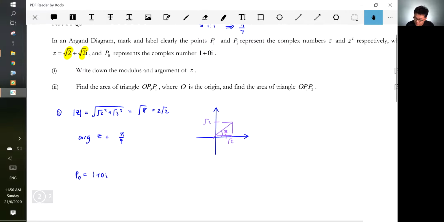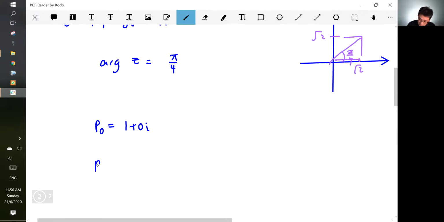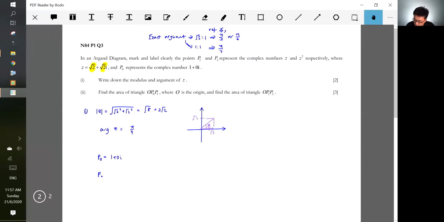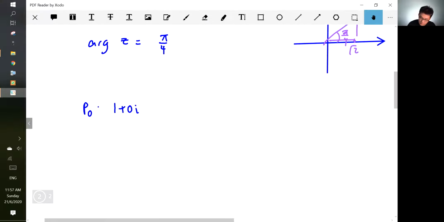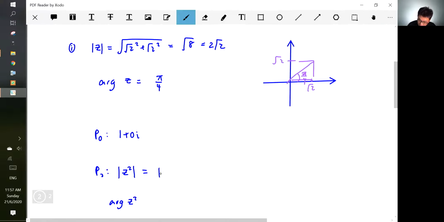Then P2 is z squared. z squared has a modulus and argument as well. The modulus of z squared would just be the modulus of z squared, so it's √8 squared, which is 8. The argument behaves exactly like a logarithm, so it's 2 times argument z, which is pi over 4, and this will just be pi over 2. So z squared is 8 e^(i pi over 2).